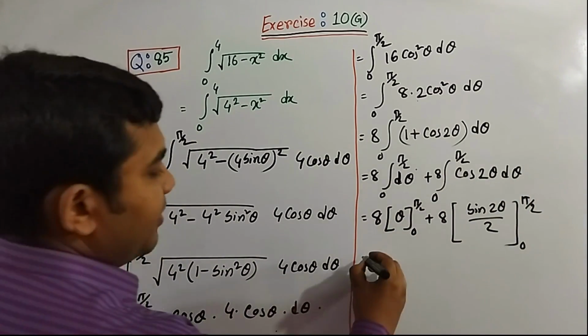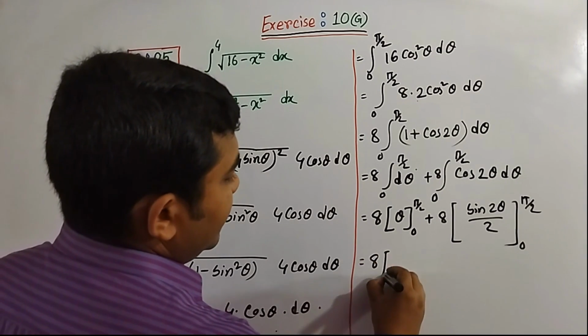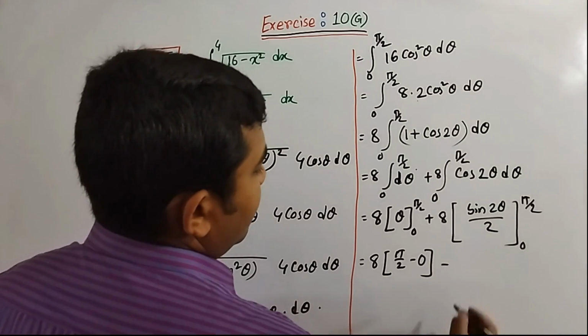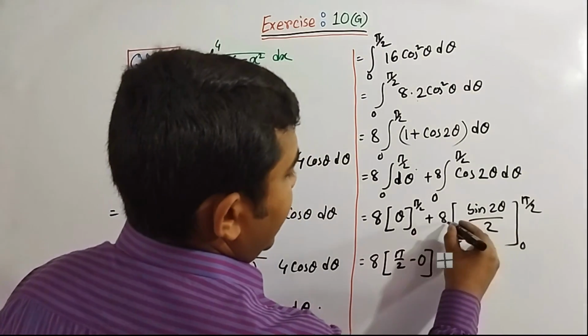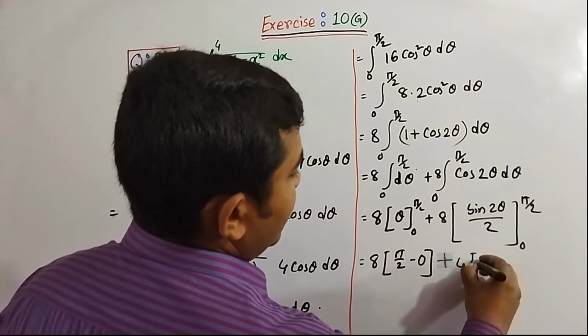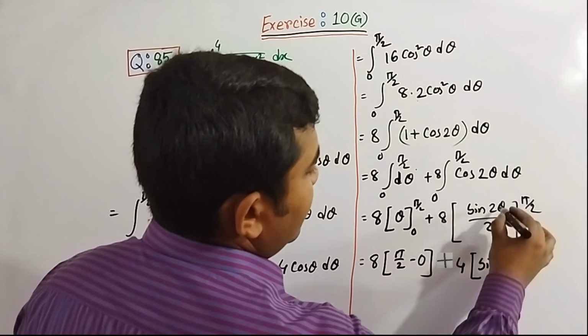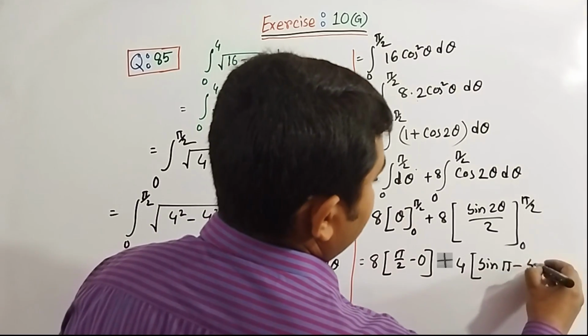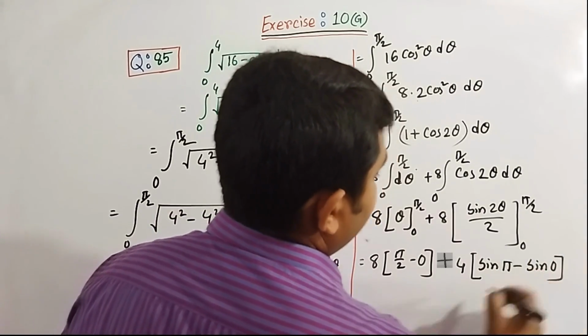Okay, after putting in the values, we get 8 into pi by 2 minus 0, minus 8 over 2, it is 4, and sine 2 theta at pi by 2, it is sine pi, minus sine 0.